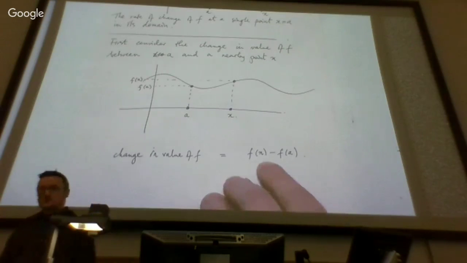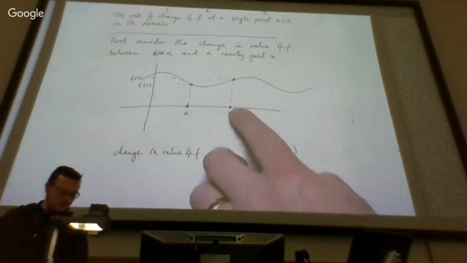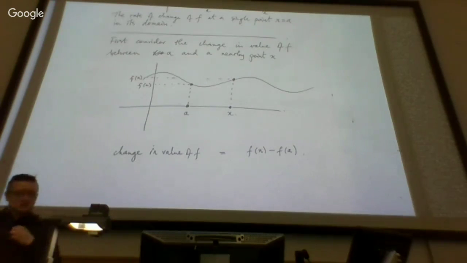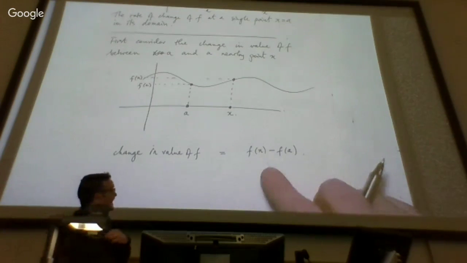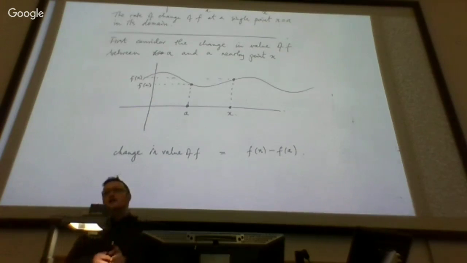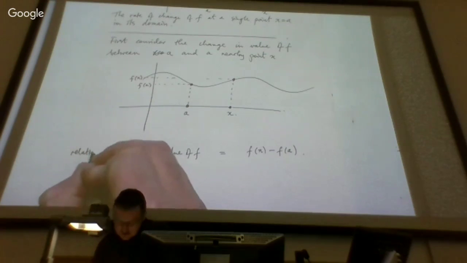Whereas if this difference was very, very small, the function could still be increasing very rapidly if your nearby point x itself was extremely close to a. So it's not so much the absolute change in value that is a good measure of what's going on with the function between these 2 points, but rather the relative change in value.